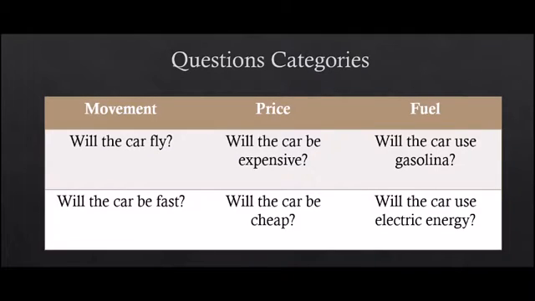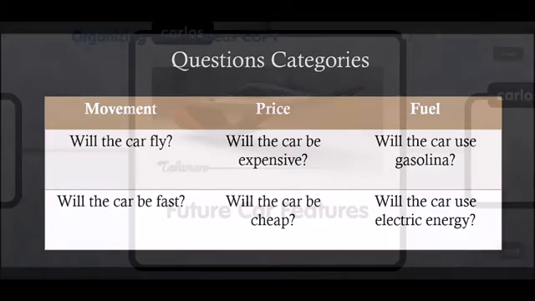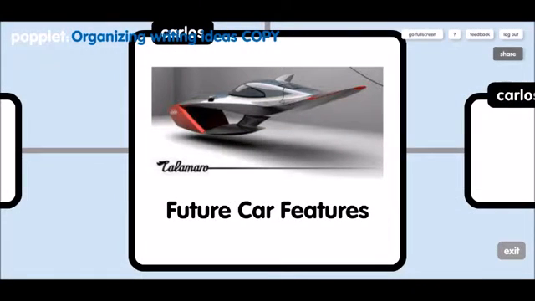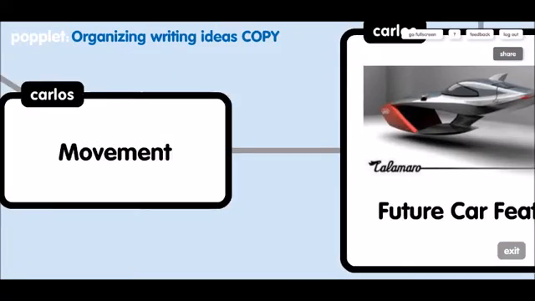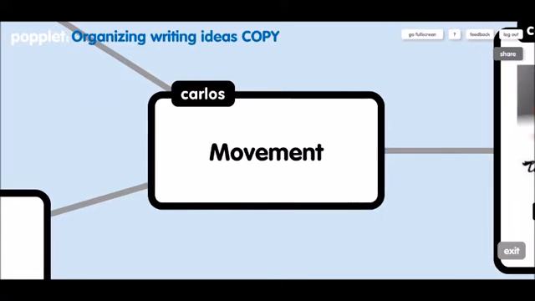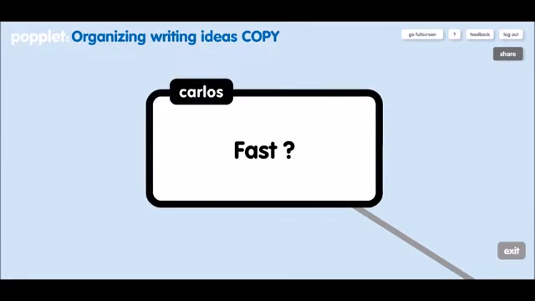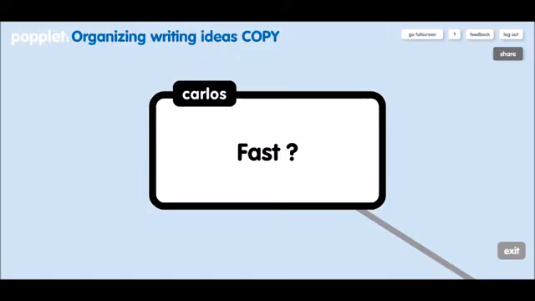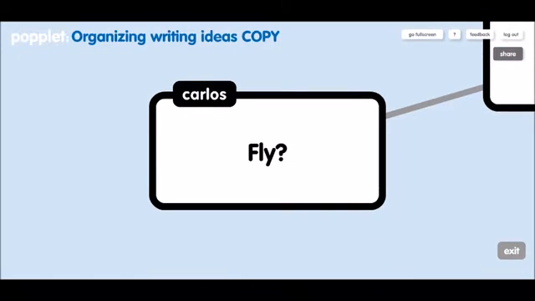Then we can organize the questions in the next categories: movement, price, and fuel. Next, we are going to use Popplet to organize our ideas. For example, in the center we have the future car features, and one of them is movement, and a subcategory is fast, fly.